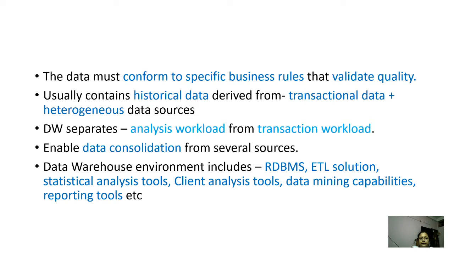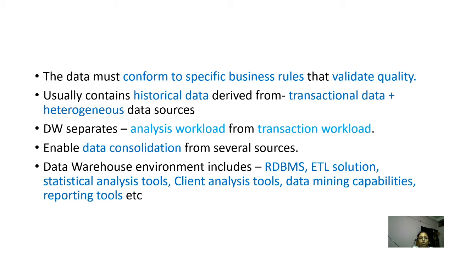Now, the data warehouse contains historical data. The historical data is derived either from the transactional database of each individual unit of the organization, or the data can be collected from heterogeneous data sources. The data warehouse will separate the workload into two parts. One is the transactional load and the other is the analysis load.